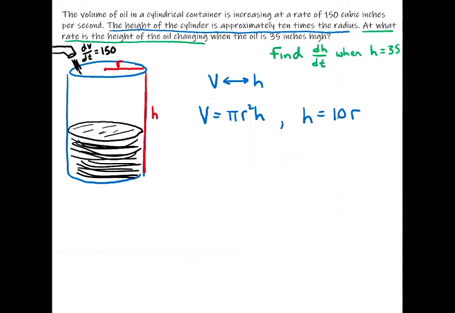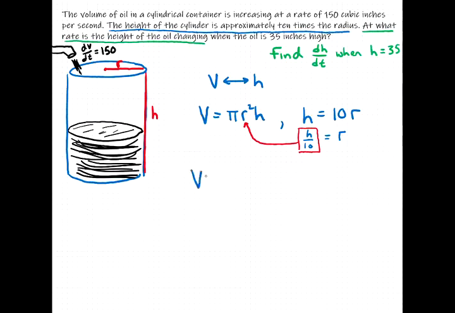So we want to get rid of r, so let's solve this equation for r. If we divide both sides by 10, the radius would be h over 10. Okay, so we could take this h over 10 and plug it in for this r, thus removing r from the equation.